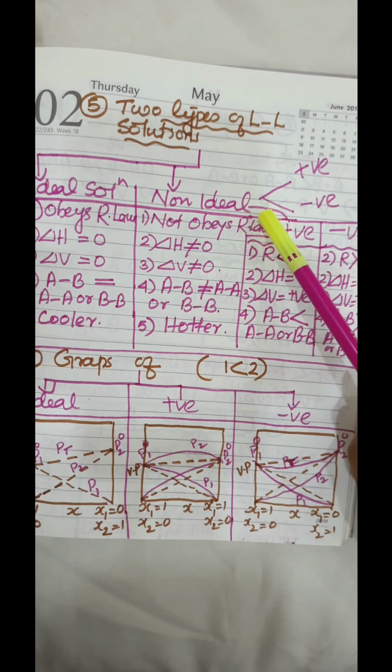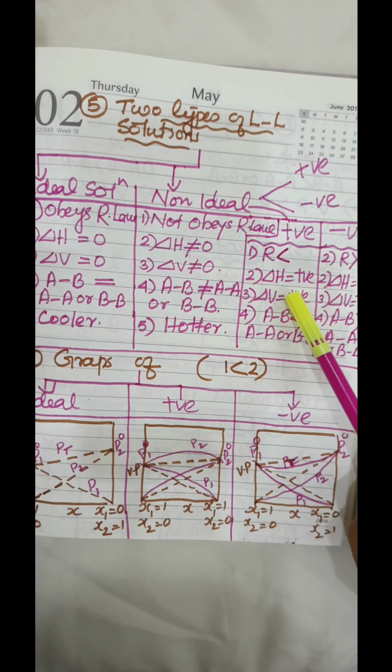So non-ideal solutions are of two types: non-ideal solution showing positive deviation from Raoult's law, and non-ideal solution showing negative deviation from Raoult's law. Here are the differences. In positive deviation, the pressure is greater than the pressure expected from Raoult's law. Delta H is positive, greater than 0.